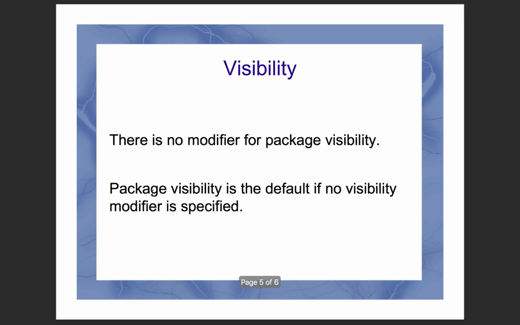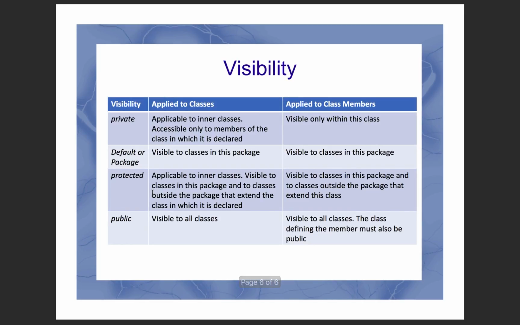These are the comparison between private, protected, public, and package visibility. Private is applicable to inner classes, and accessible only to members of the class in which it is declared. Visible only within the class. So you have a class, and inside that class you are creating another class that is called an inner class.